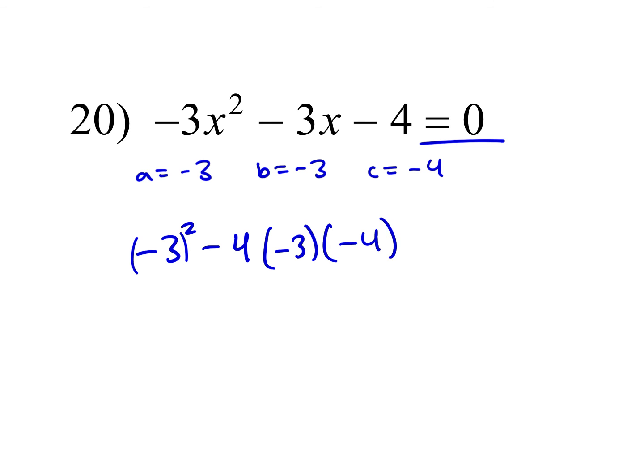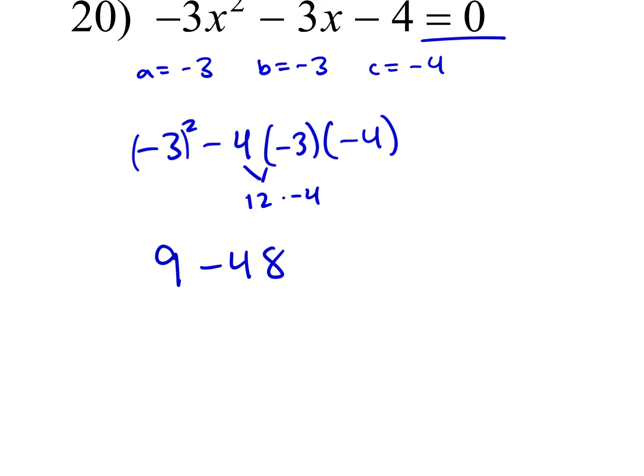So what's -3 squared? What's -4 times -3? 12. And 12 times -4? 48. Positive or negative? -48, so 9 minus 48. -39. No solution. Awesome. No real solution. Where did you get 9? 3 squared?